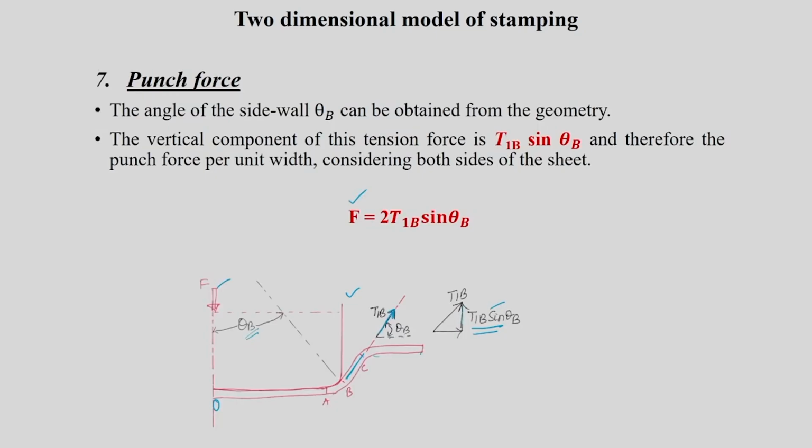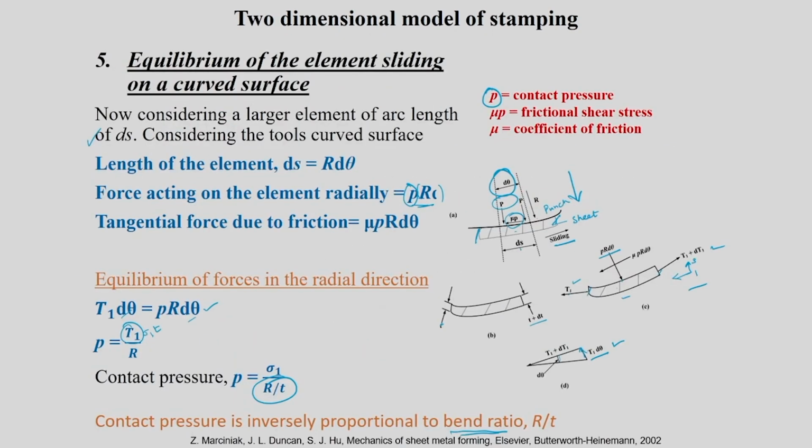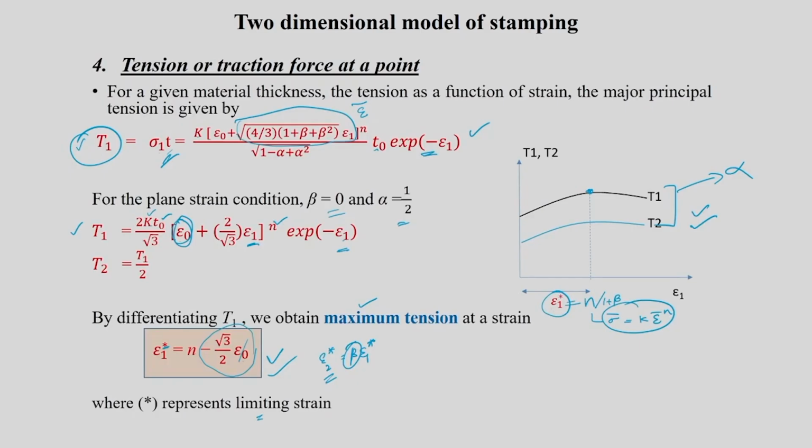Okay. And here you will see that this T1 depends on several things, right. So T1 is actually depending on the material, its hardening ability, everything. So you can have material properties K and N coming into picture, and the original thickness of the sheet comes into picture, okay, and the pre-strain if you want, that will come into picture, and how much amount of deformation you have given actually changes epsilon 1, and hence T1.